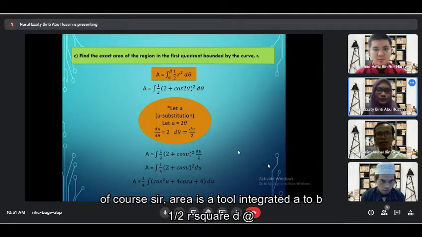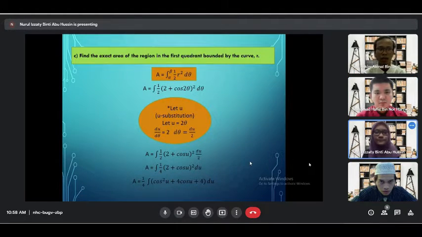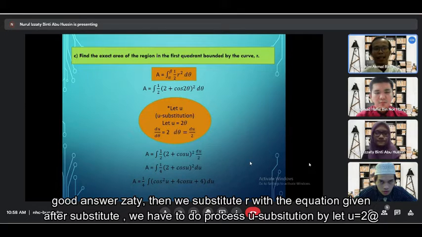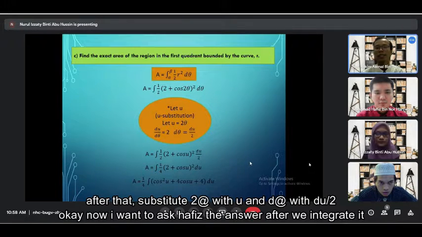Area equals integration from a to b of 1 over 2 r square d theta. Good answer, Zati. Then we substitute r in the equation given. After substituting, we do u substitution by letting u equal to 2 theta. After that, substitute 2 theta with u and d theta with du over 2. And then we integrate it like usual.